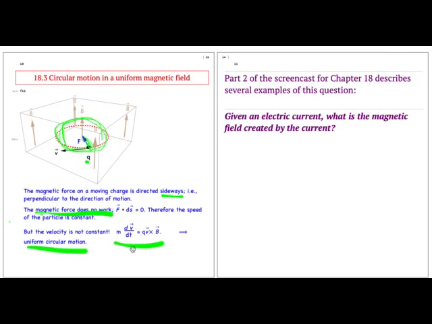Now, there's a lot more to say about the magnetic force. For example, how the magnetic force is used in an electric motor. An electric motor has a current loop experiencing a torque due to a magnetic field. And that causes the current loop to spin.